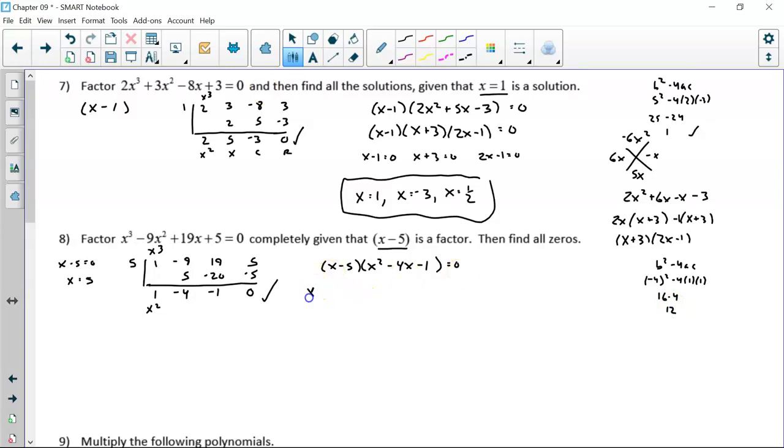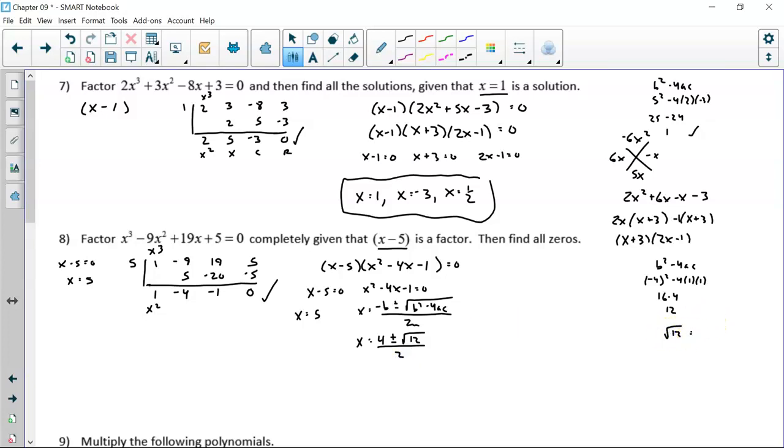So to solve, set the factors equal to 0. So x equals 5, we already knew that. And now x equals the opposite of b plus or minus the square root of b squared minus 4ac, all divided by 2a. So x equals, now the opposite of b, the opposite of negative 4 is 4, plus or minus. Now we already found b squared minus 4ac, it's 12. So the square root of 12 over 2.